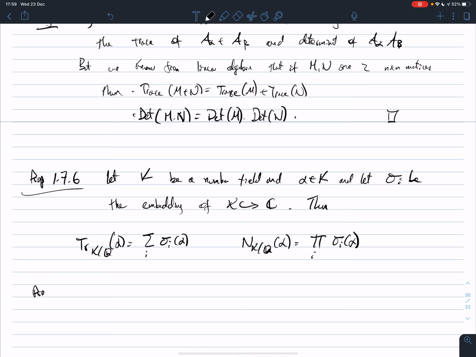So, proof. Recall, here's again another result from linear algebra: the determinant and trace of a matrix is invariant under change of basis, or under conjugation.